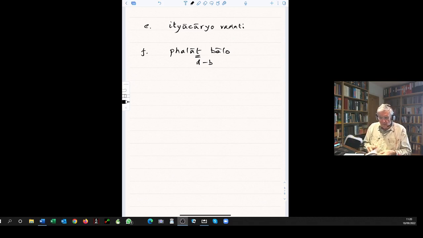Sentence H: without knowledge there is suffering. Without, we can use vina, mostly used with the instrumental. So jnanam, knowledge. Without knowledge, jnanena vina. Jnanena vina dukkam bhavati.